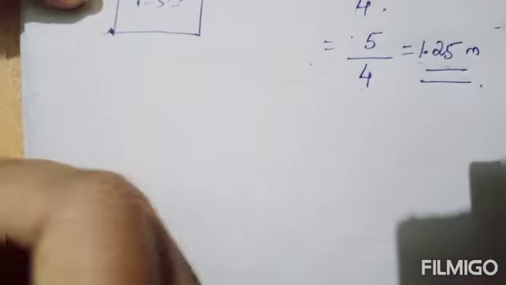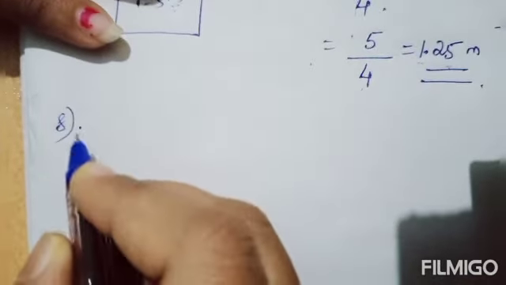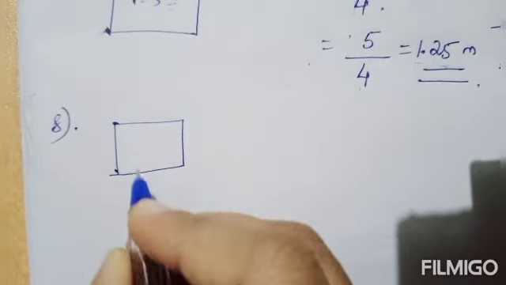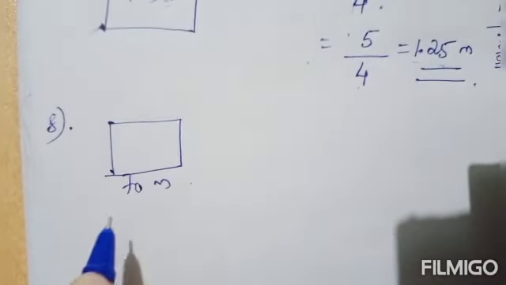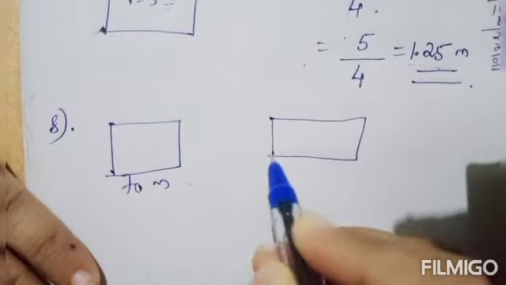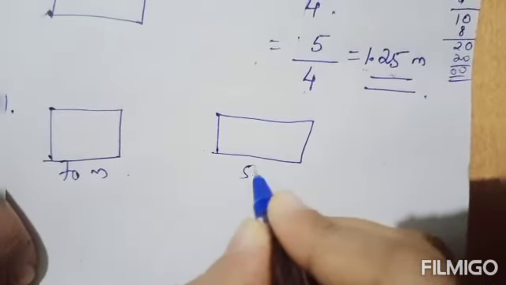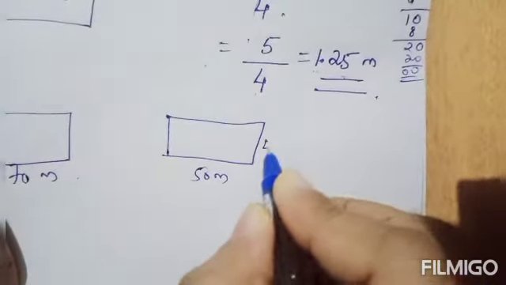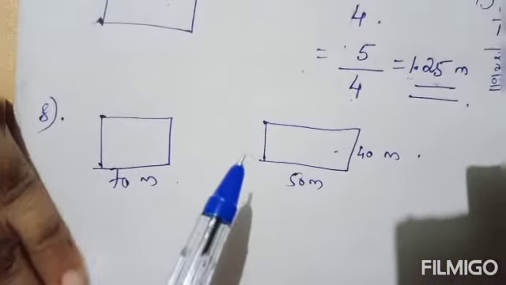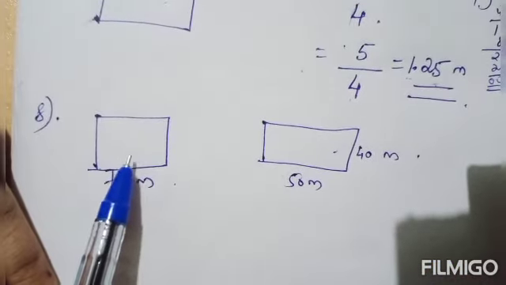Next, 8th question. A square field has each side 70 meter, whereas a rectangular field has length equal to 50 meter and breadth equal to 40 meter. Which of the two fields has greater perimeter and by how much?